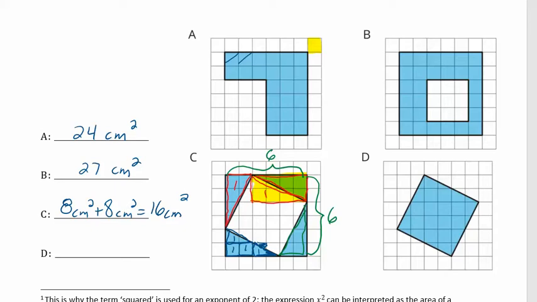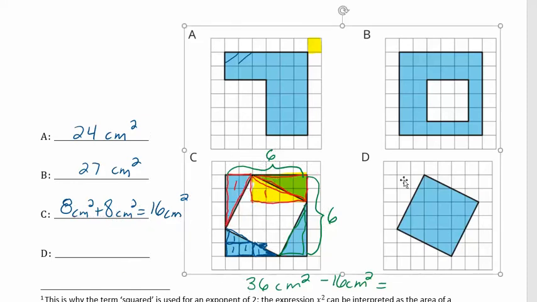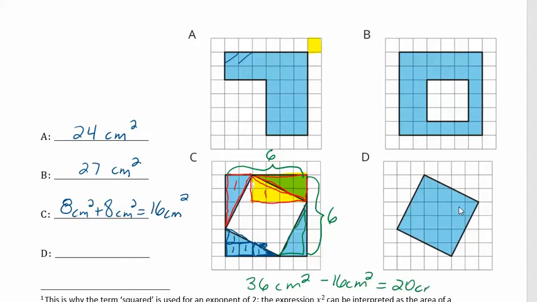So everything inside that big square has an area of 36 square centimeters. We just determined that the blue shaded part, these triangles, was 16 square centimeters. If I subtract that out, I should end up with what's in the middle, which is what D is representing. That gives me 20 square centimeters.